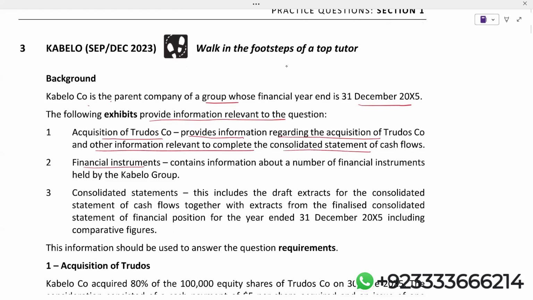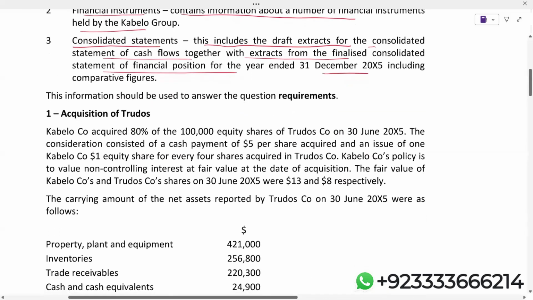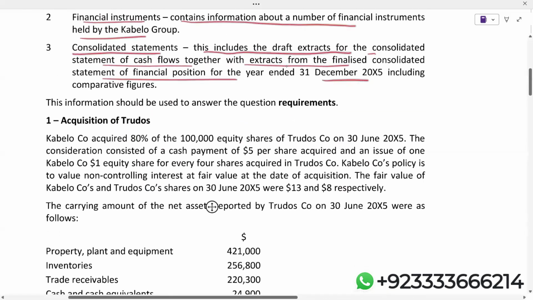Then we have the financial instruments exhibit, which contains information about a number of financial instruments held by the Kabelo group. Consolidated statements. This includes an OD, a draft extract from the consolidated statement of cash flow together with an extract from the finalized consolidated statement of financial position, year ended X5, including comparative figures. The information should be used to answer the question required.